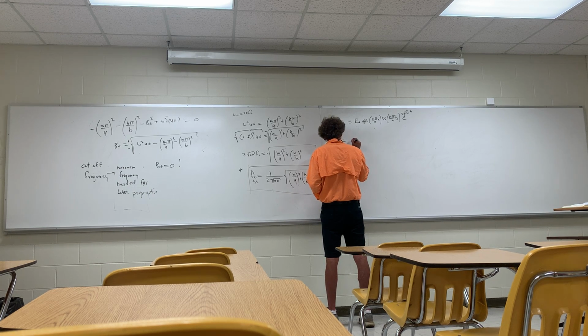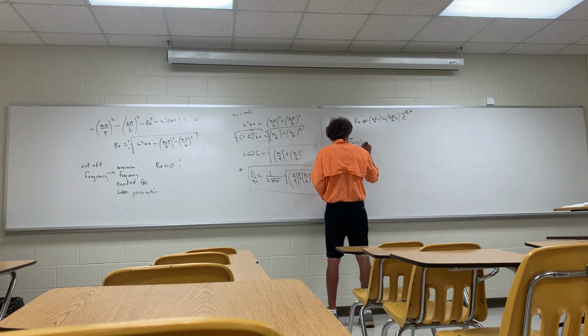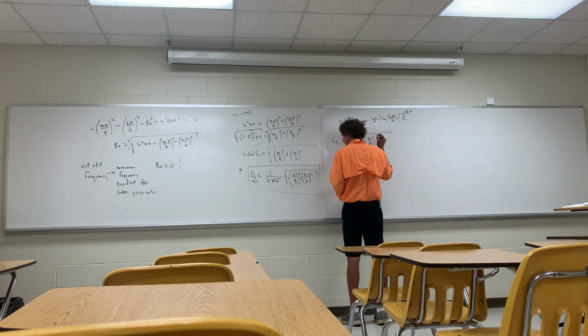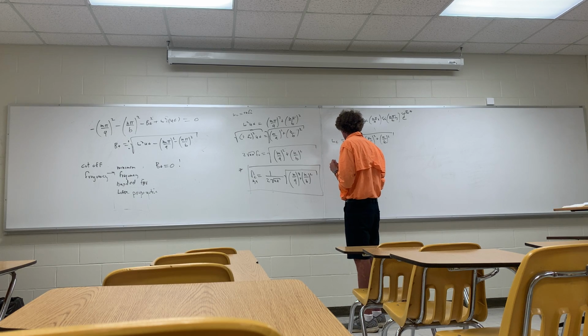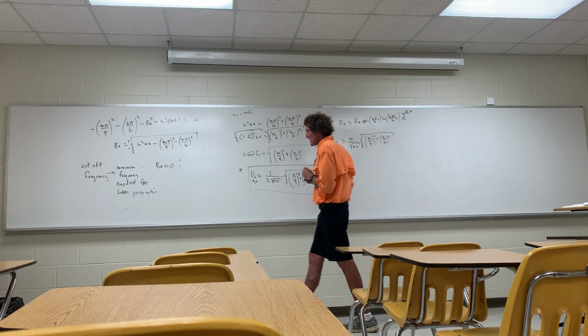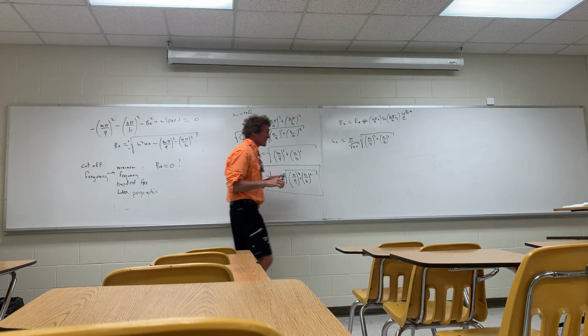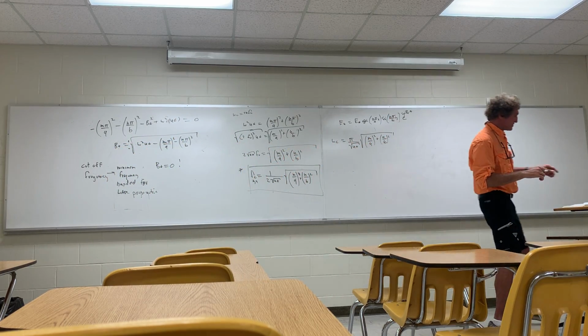So it's going to be pi over square root of mu epsilon times the square root of (M over A) squared plus (N over B) squared. That's omega cutoff. I want you to write this down too.